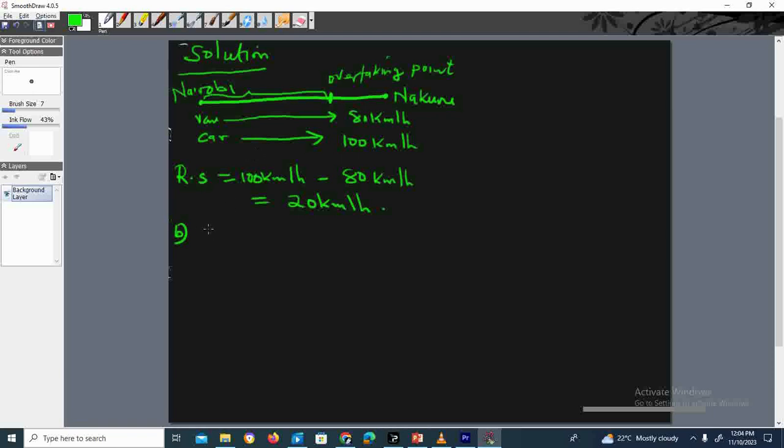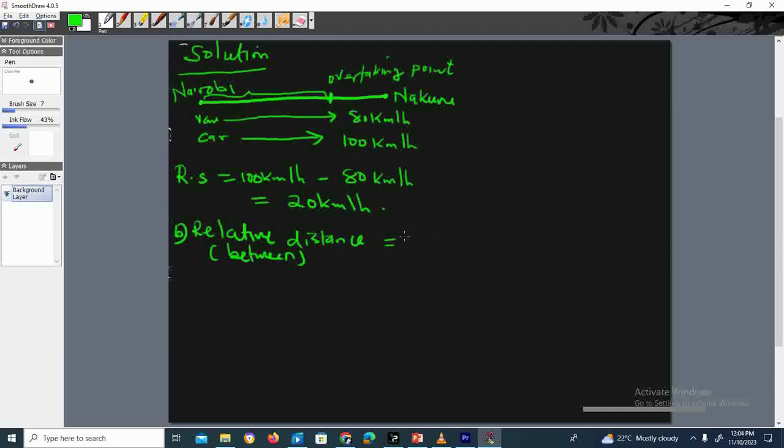So we first calculate the relative distance. Relative distance is simply the distance between the two vehicles. The distance between is going to be equivalent to the distance that was covered by the van during the duration when the car was not moving.